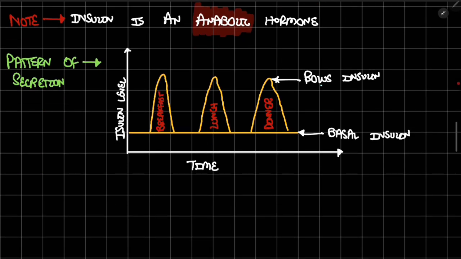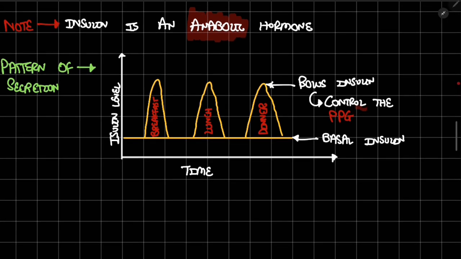Since the peak is reached after meals, it signifies that the bolus insulin controls the postprandial glucose. Highlight it: postprandial glucose.